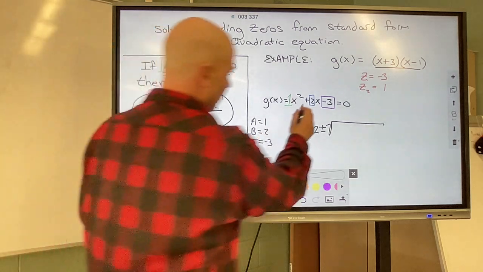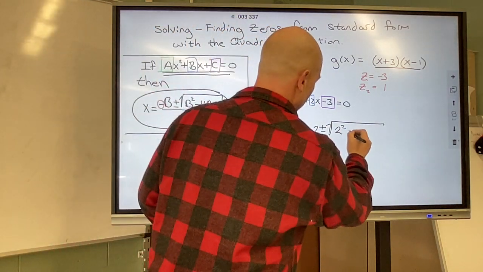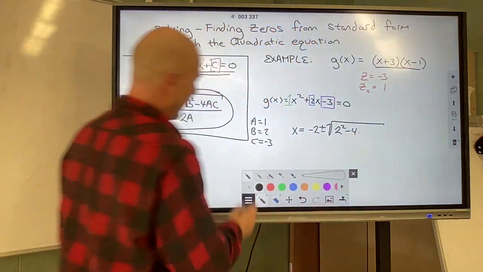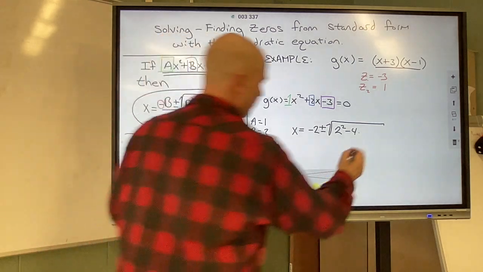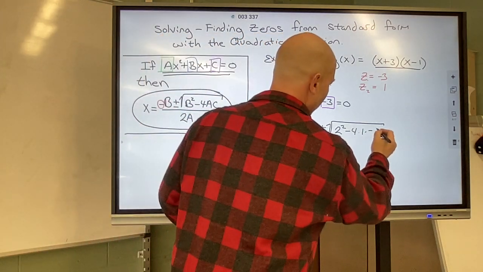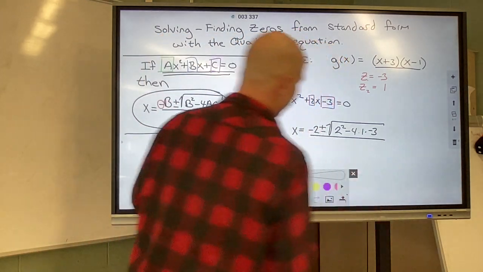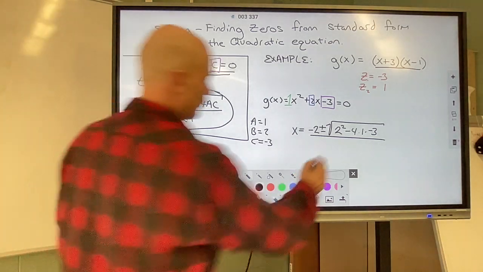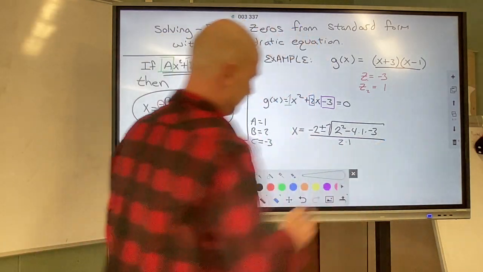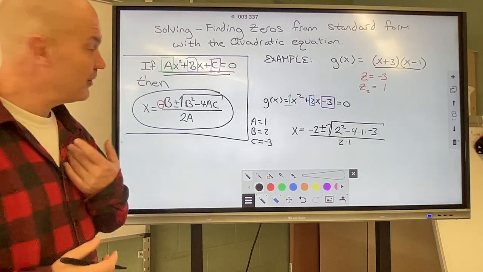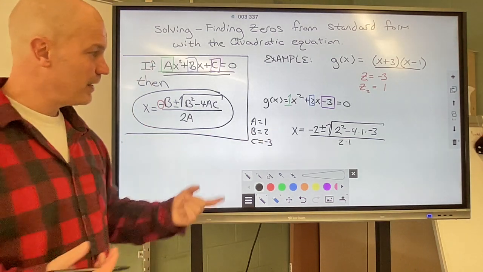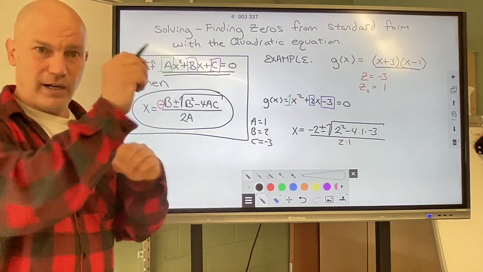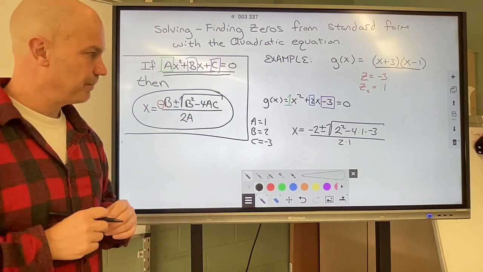So b squared, I'm going to write down 2 squared minus 4 times a is 1 times c is -3. 1 times -3. Notice I'm not doing any simplification. I'm just going to write them out over 2 times a. So that's 2 times 1. I know that 2 times 1 is 2, and I don't need to write that 1 there, but it's nice to know I've put every piece in its place.